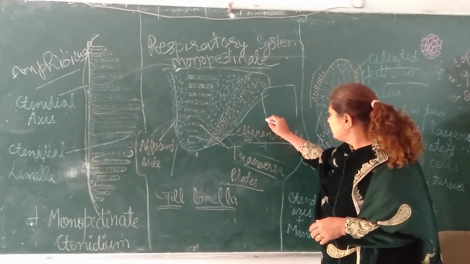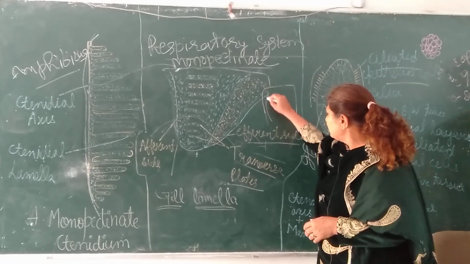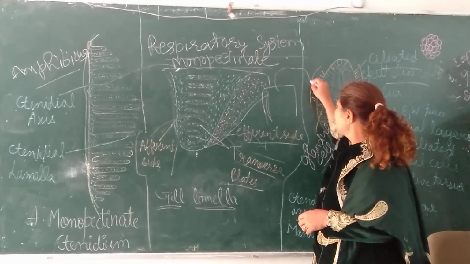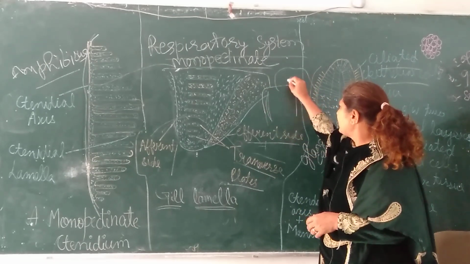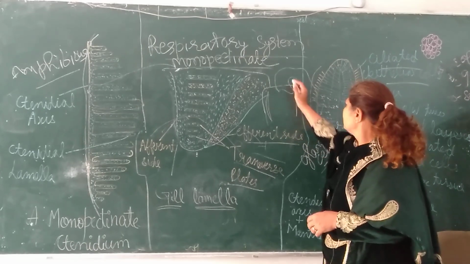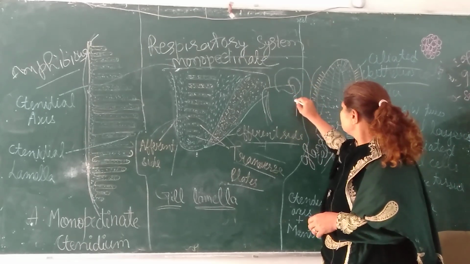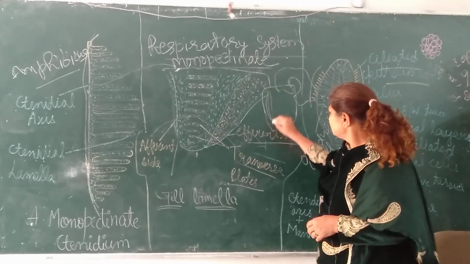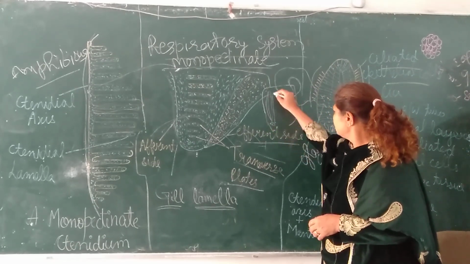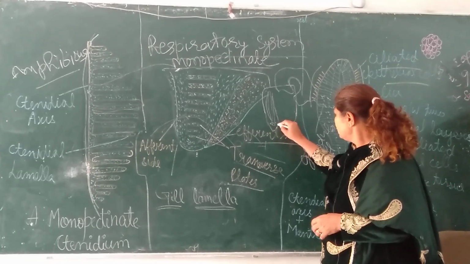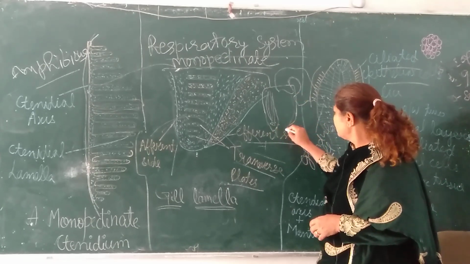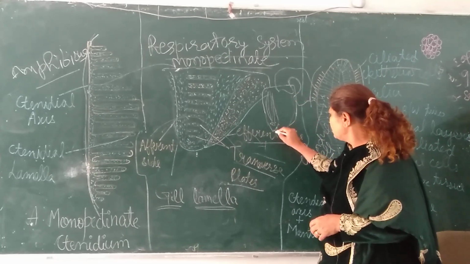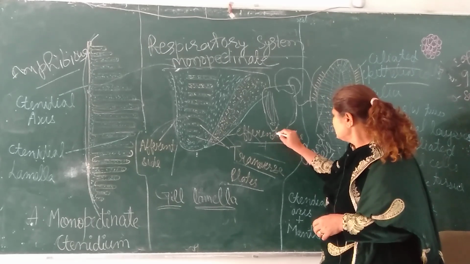Let's see, here is the ctenidium, in the pallial complex there is a pair of eyes.